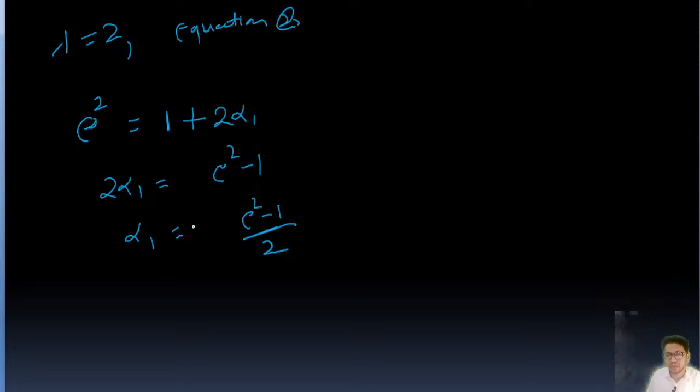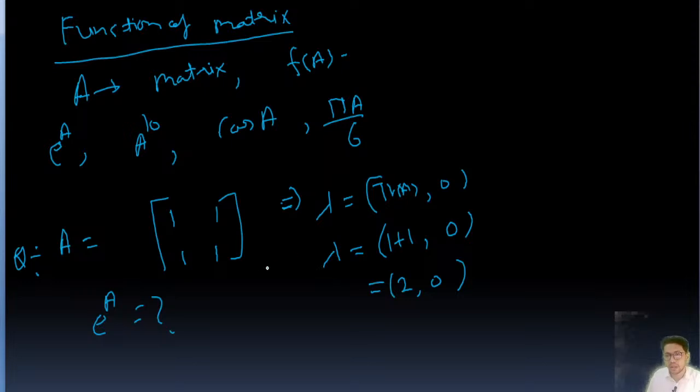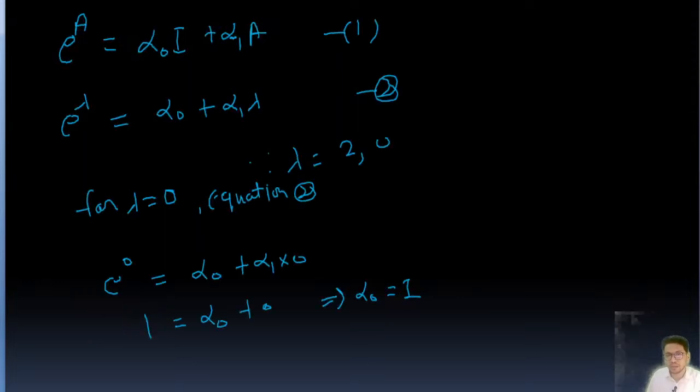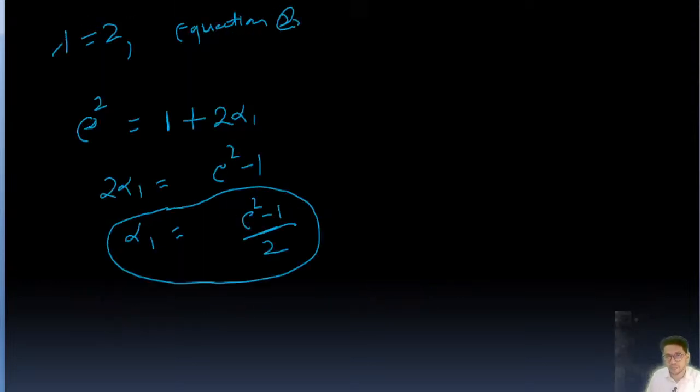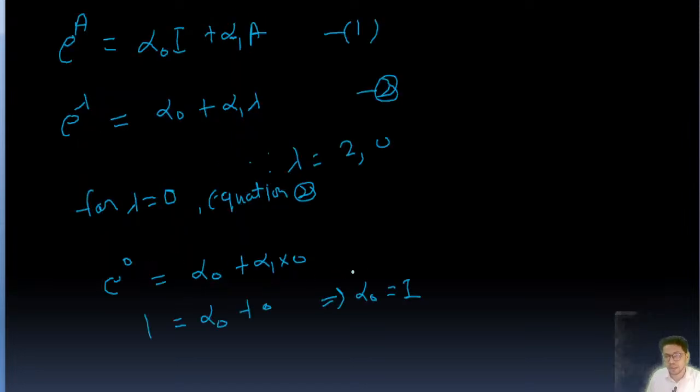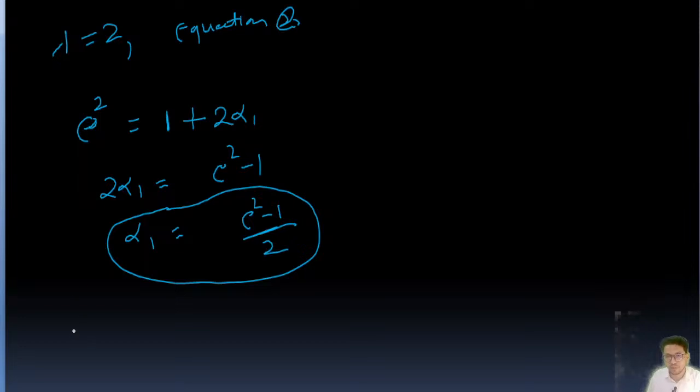Now the values of alpha 1 and alpha naught we have found. Alpha 1 is e square minus 1 by 2 and alpha naught is 1. We'll put these values in equation 1.